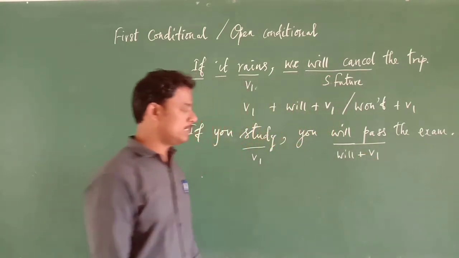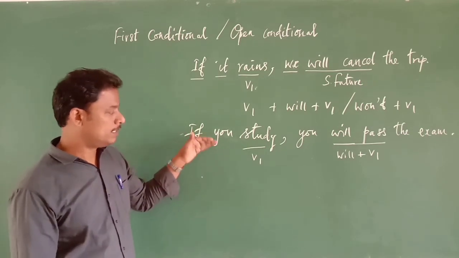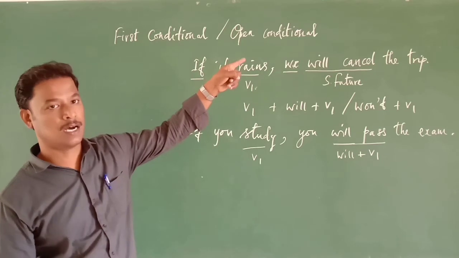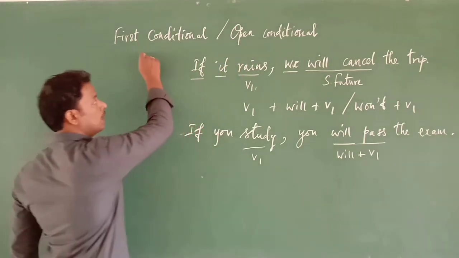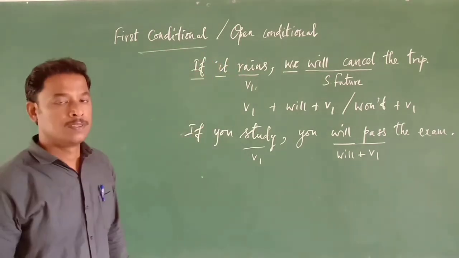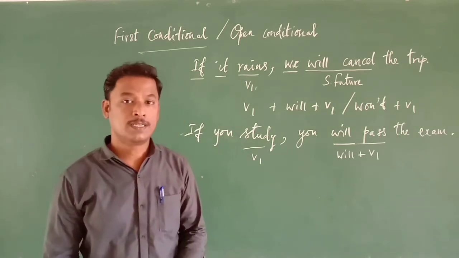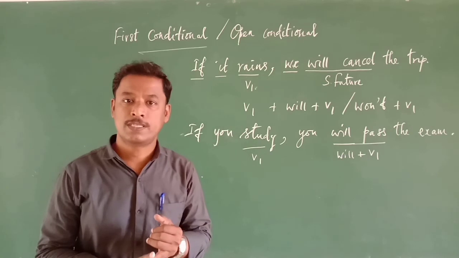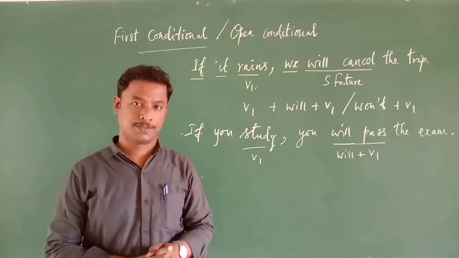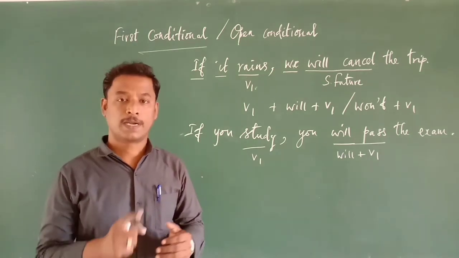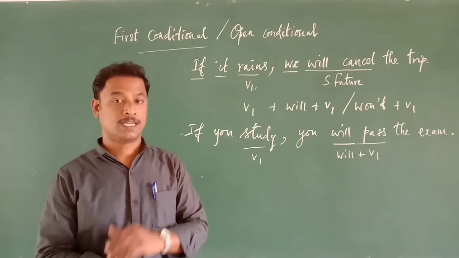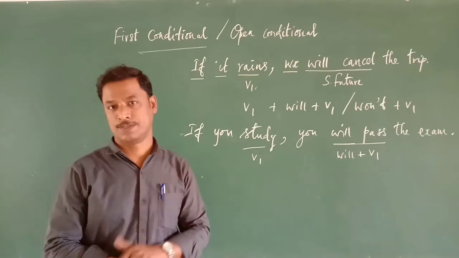Okay. So this conditional clause comes under the category of first conditional or open conditional. So what should be written in the first conditional? A possible situation in the future, or predicting a likely result. Okay, that must be happening in the future.